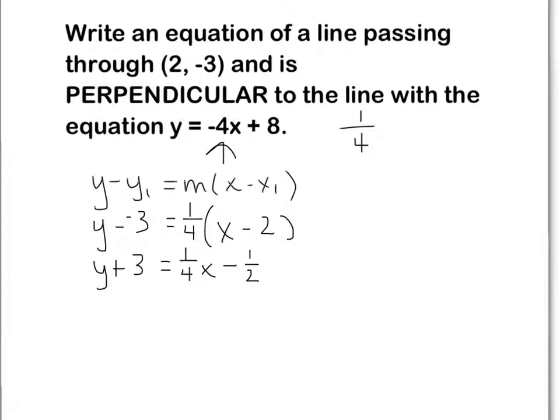Now to simplify into slope-intercept form, I will have to subtract 3 from both sides. I will end up with y equals 1/4 x minus 3 1/2.